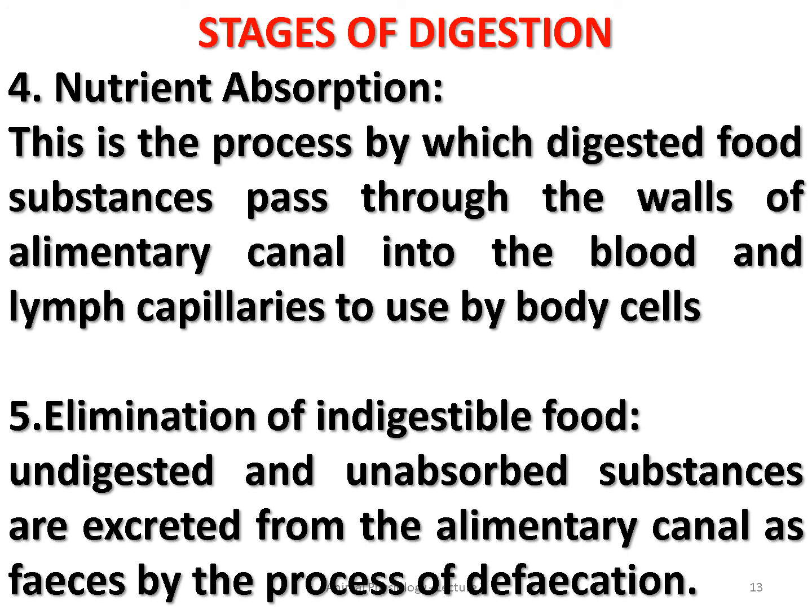The undigested, unabsorbed substances are eliminated or excreted from the alimentary canal as fecal matter by the process called defecation. Defecation is the last stage in digestion, because all the undigested, unwanted, unabsorbed substances should be excreted out, expelled out, or eliminated out. That is the fifth stage of digestion.